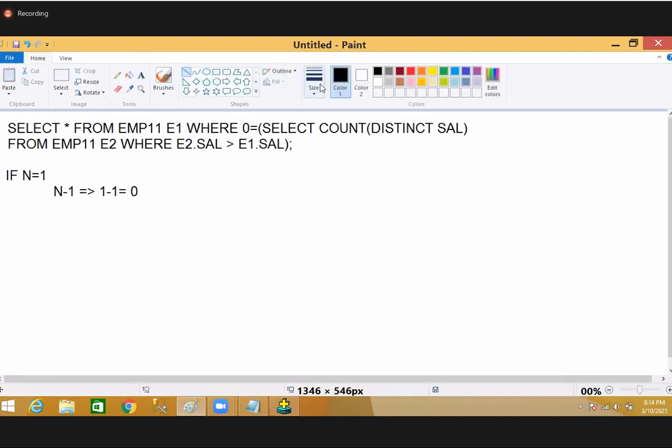Now the next one. Here you identify, guys, there are two alias names I created. One is the E1 alias, and the E2 alias is there. We already know that when you create an alias name on a table, internally the Oracle server creates duplicate copies.